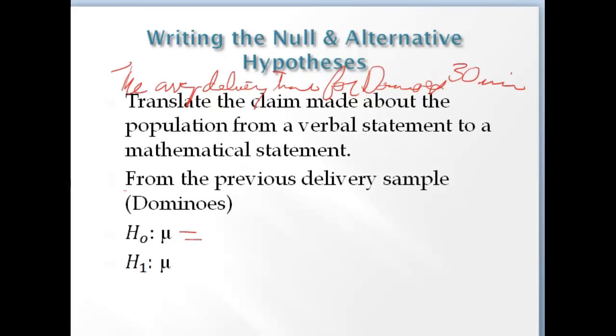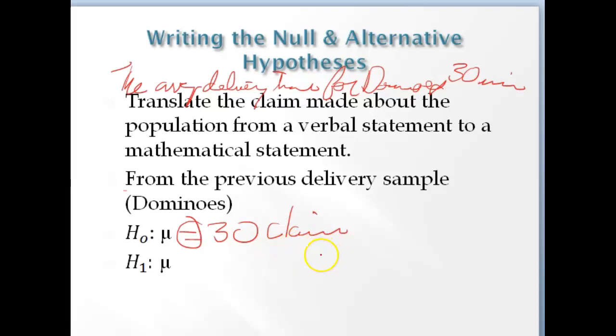So here our null hypothesis, and this is a hypothesis test for a mean, is stating that the average delivery time for Domino's Pizza is 30 minutes. So we have an equality. So this is our claim, and it's also our null hypothesis.